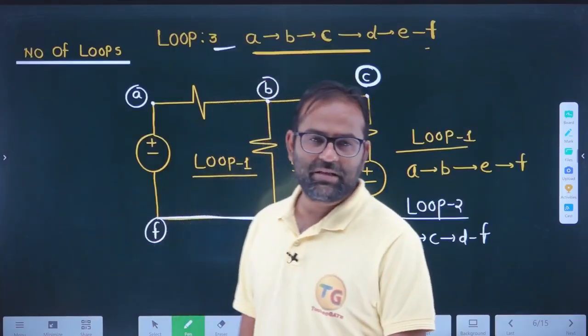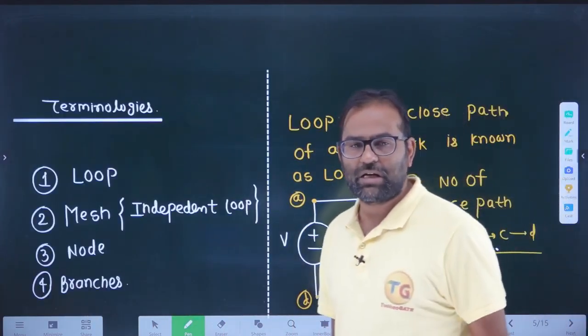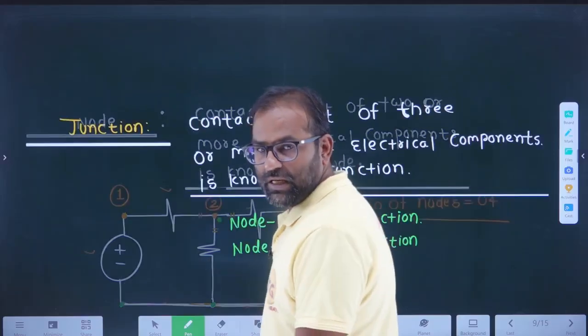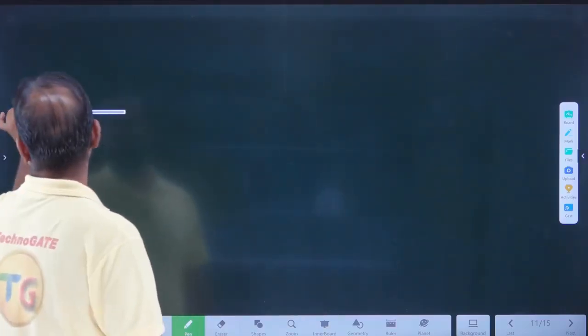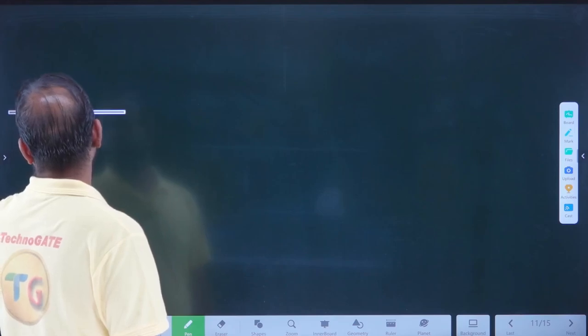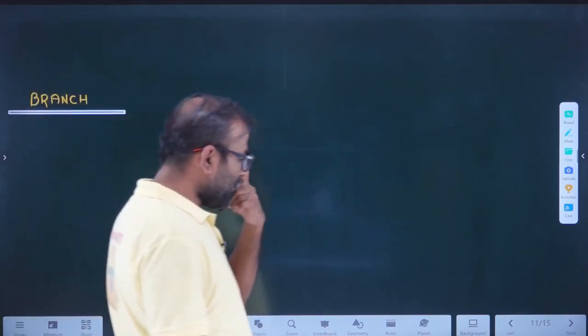What is the next thing? The next thing we have to define with respect to a circuit or a network is known as a branch. How can you define a branch?